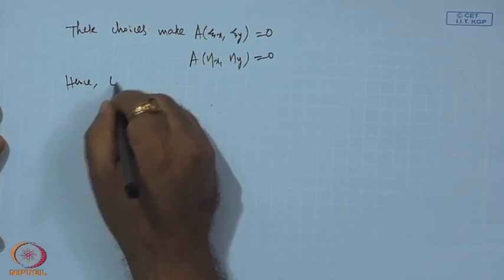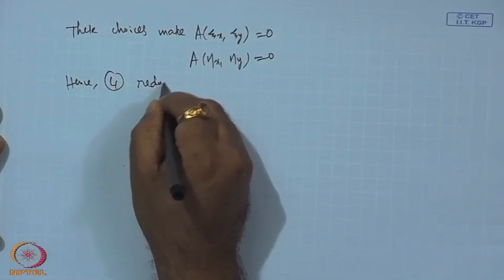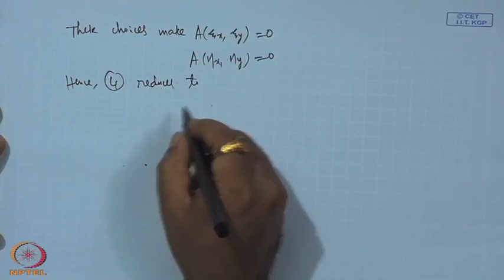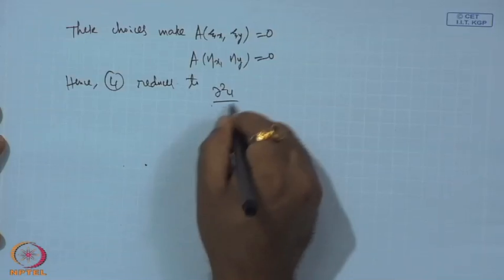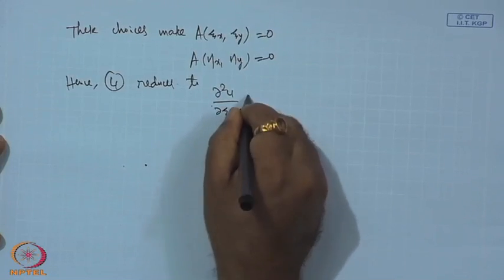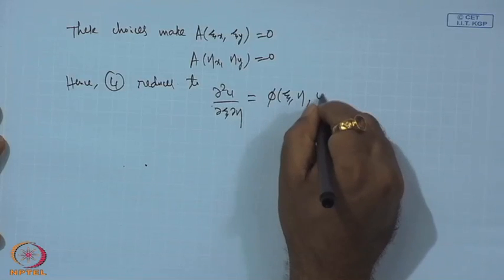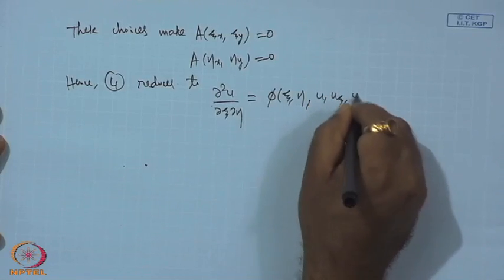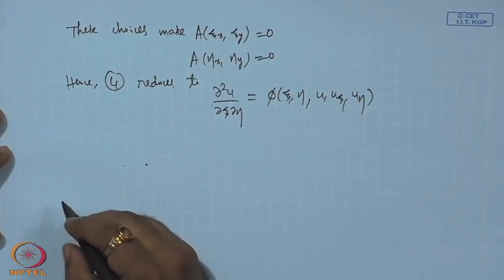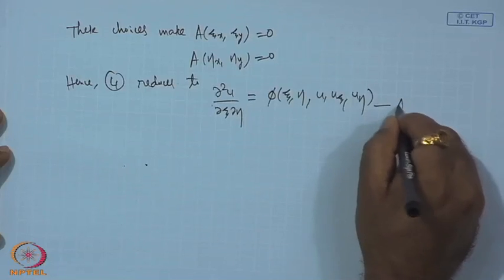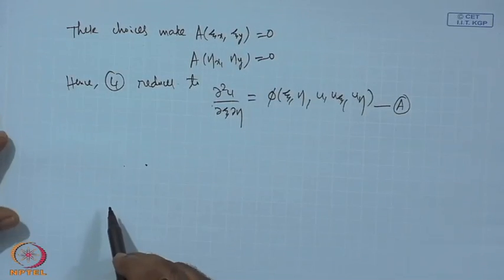Hence 4 reduces to some phi, which we can easily integrate.